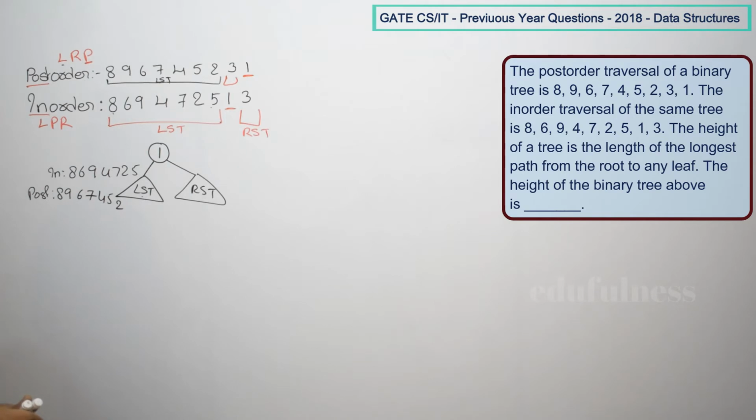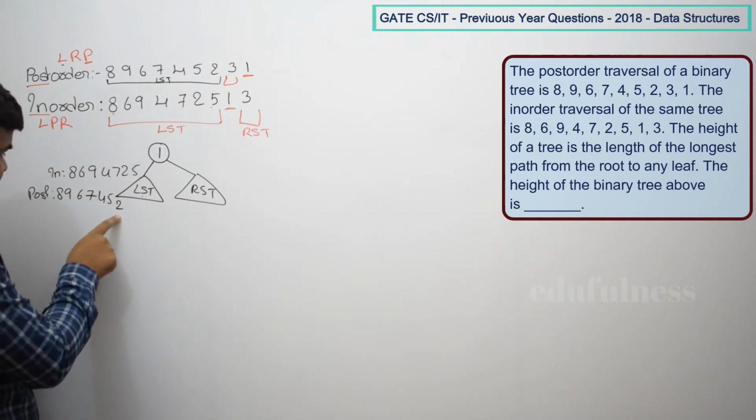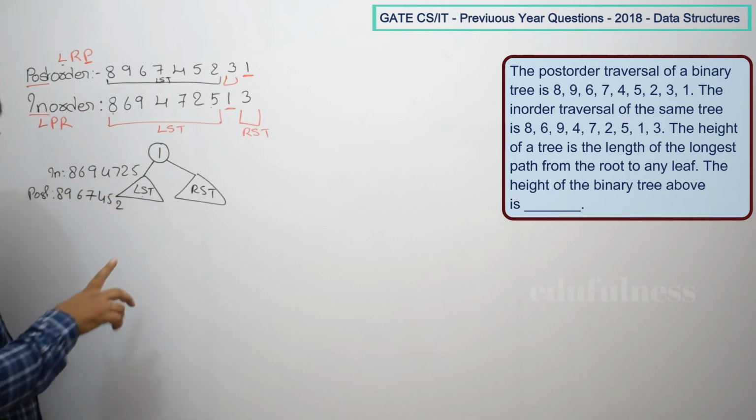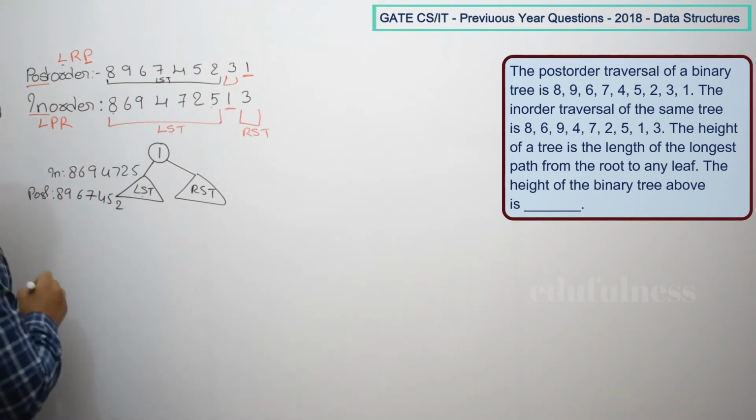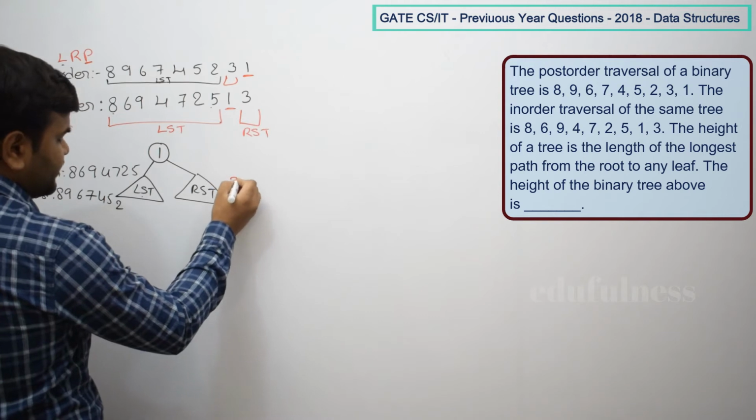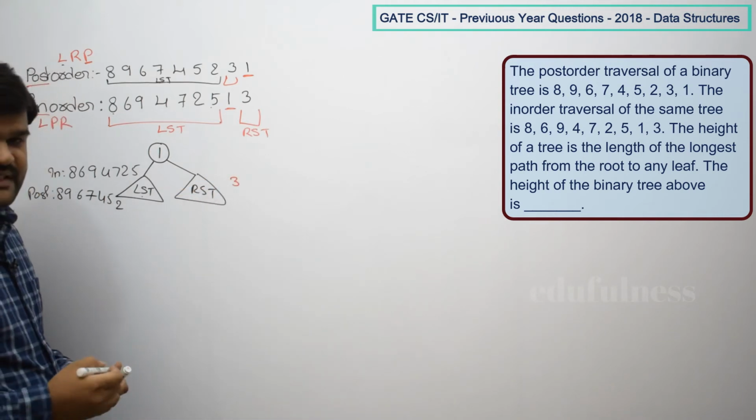Whatever nodes are here, the same nodes will exist here; the order may be different. Then here we have 3, in both in order and post order.